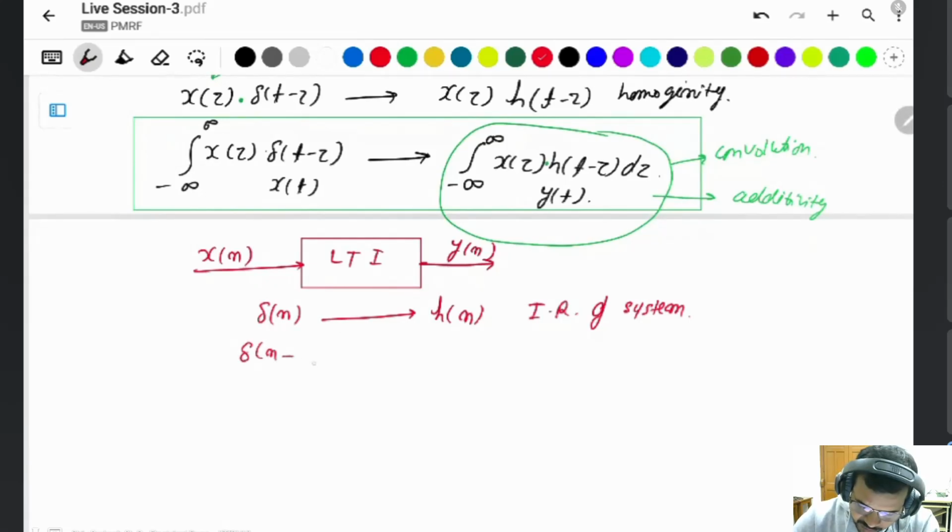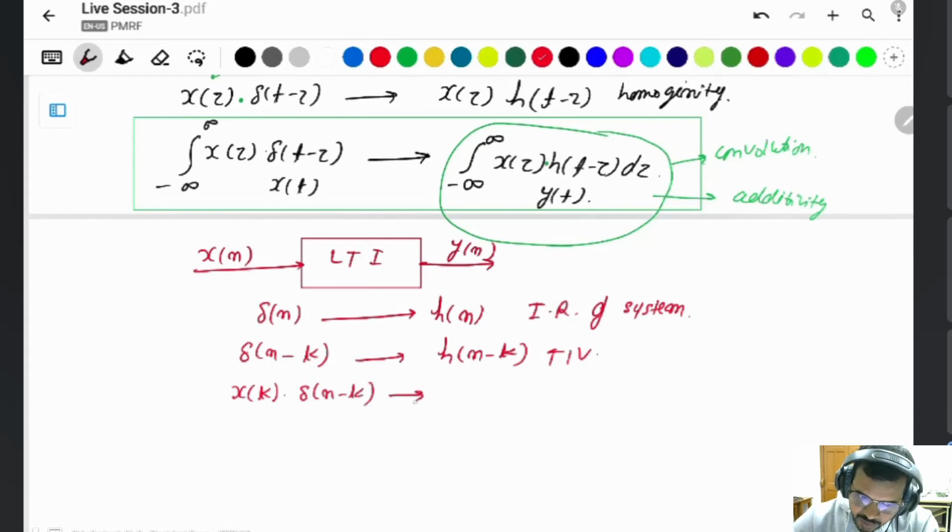This was verified as time invariant. Then if you multiply some scalar to the input, the same scalar also multiplies the output of the system. This is represented as homogeneity in discrete time.